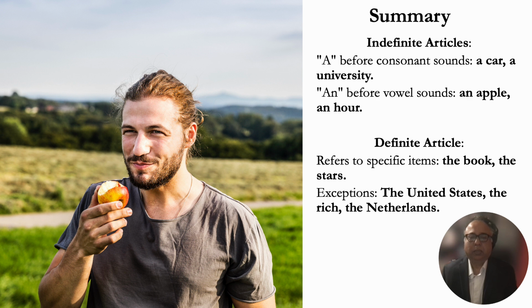Today we learned that English has two indefinite articles, a and an. We use a before consonant sounds such as in a car, a boy, or a university, and we use an before vowel sounds, an apple. See how happy this man is eating an apple. And the definite article, there's only one, correct? The is the definite article.